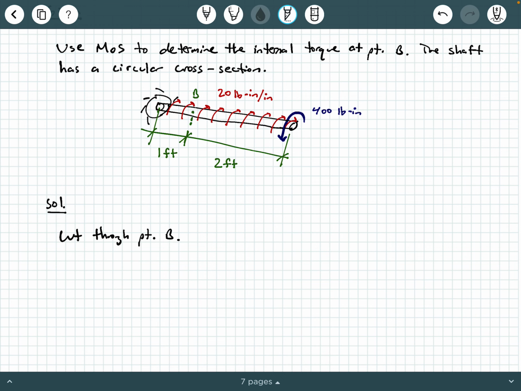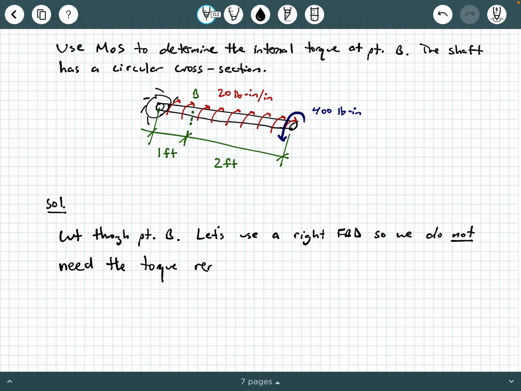You just use the free end here, okay? So let's do this. Let's use a right free body diagram so we do not need the torque reaction, okay?